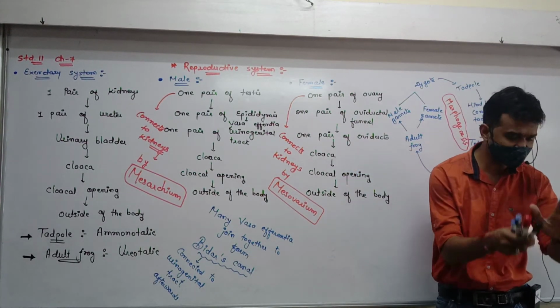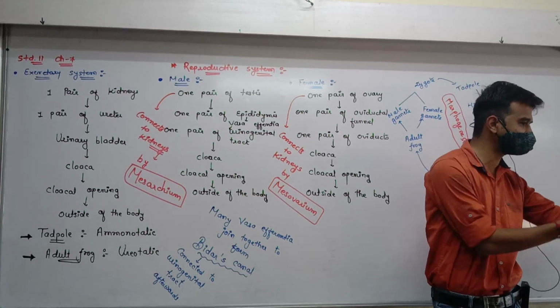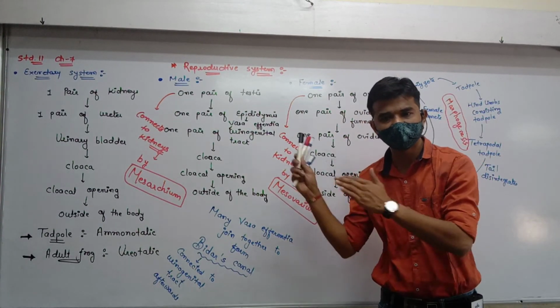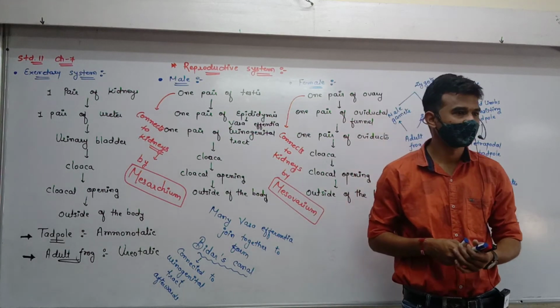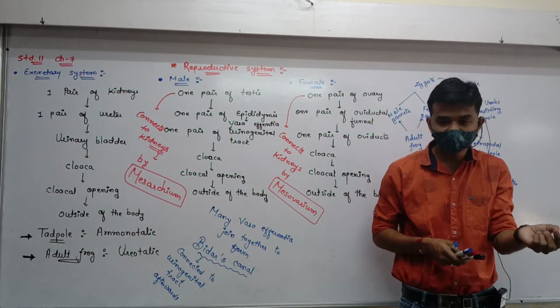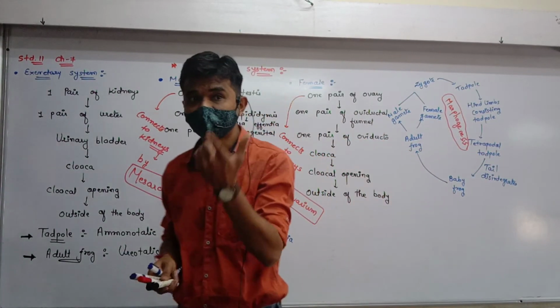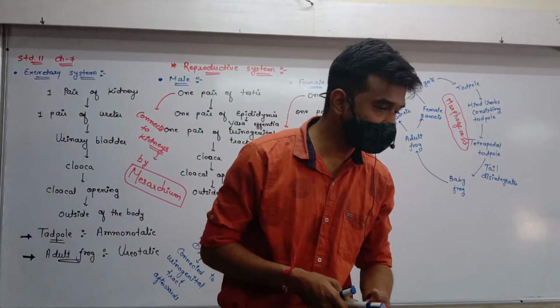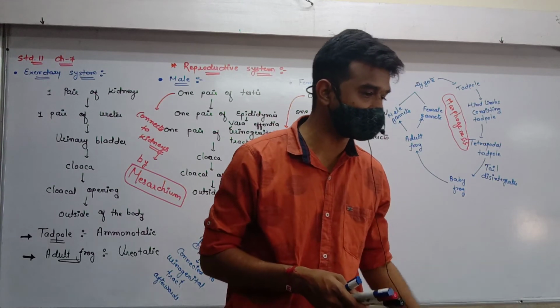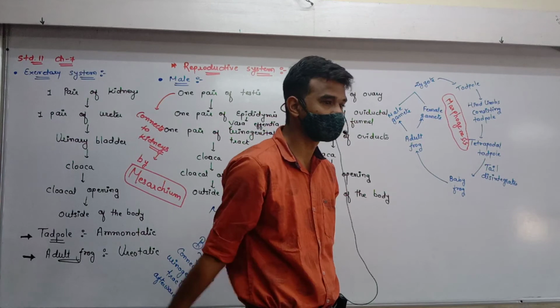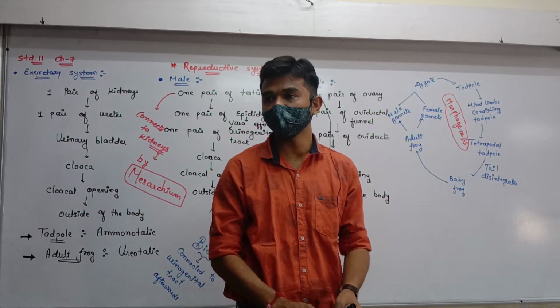Previously, I told you that testes are connected to the kidney and ovaries are connected to the kidney by specific connective tissue. But see properly in the diagram, just over the testes or kidney, yellow fibrous fat bodies are there, in both male as well as female frog.